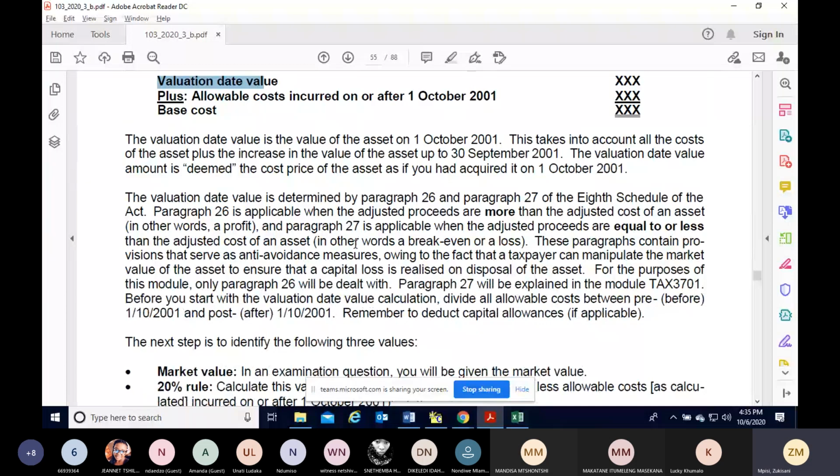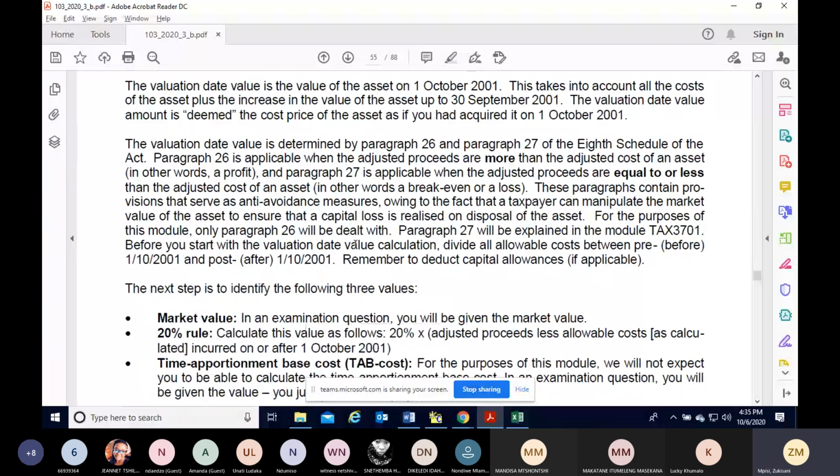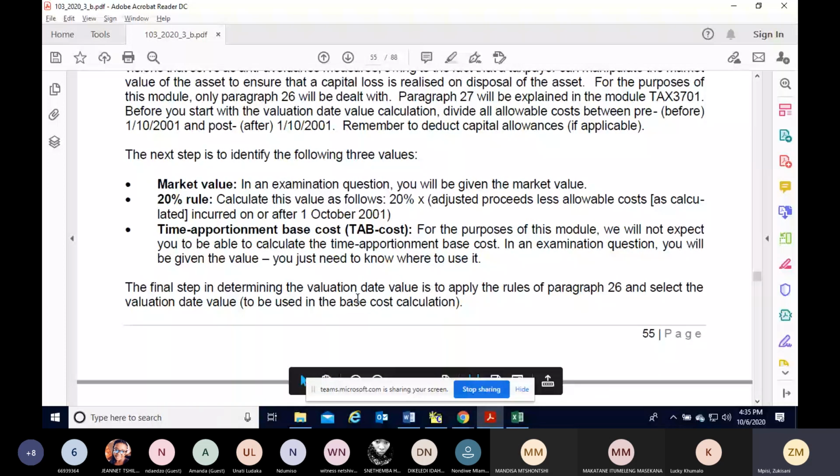Now, what is important in terms of the Eighth Schedule of capital gains is that you understand how to apply paragraph 26 and paragraph 27 for the valuation date value. So you are given here the steps which you need to apply in terms of paragraph 26. The good thing is you will always be given this information in the exam, and it will be up to you how you apply it.